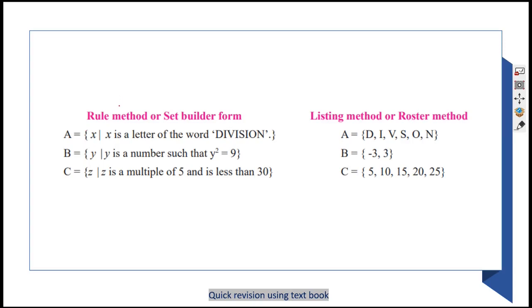This way of presenting a set is called the rule method or set builder form. This method is called the listing method or roster method. Details are given in your first video and the link to that video is given below in the description.